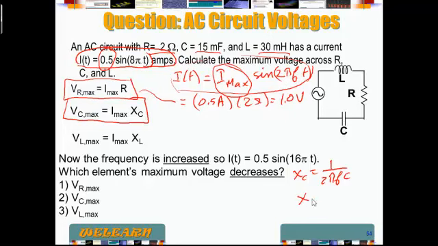So my XC is actually 1 over 8 pi times C, which is 15 times 10 to the minus 3 farads. Once you calculate that, you should be able to find something around 1.3 volts.